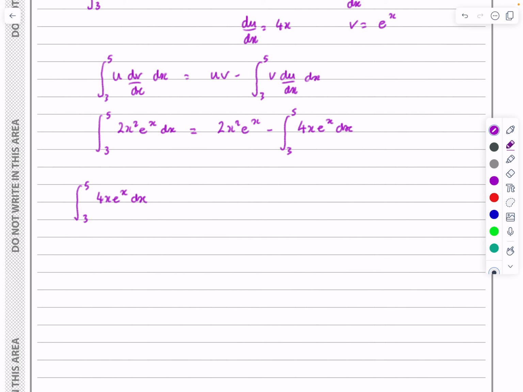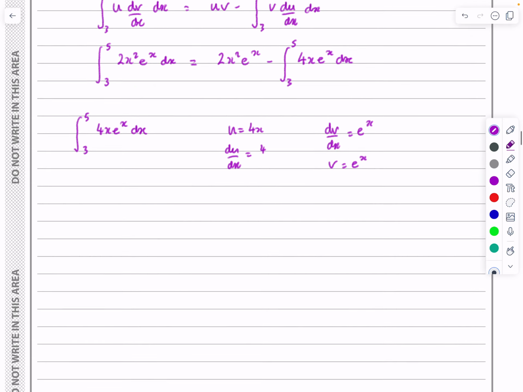And if we are doing that one, we're just repeating the process through, aren't we? So we're going to say u is 4x this time, so du by dx will be 4. dv by dx is e to the x again, so v is going to be e to the x.